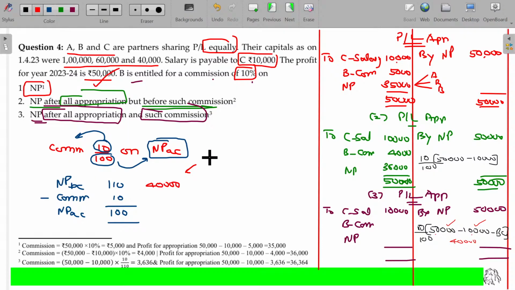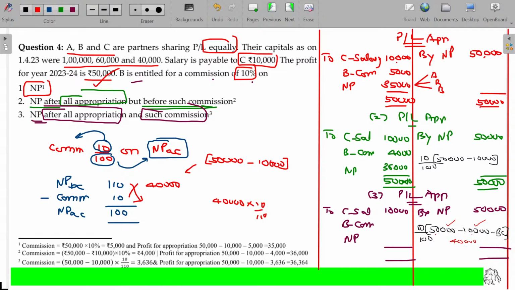How? 50 being the net profit. Leaving the commission, I have to subtract all the expenses. Here, I have been given only one expense other than the commission, which is salary. From 50, 10,000 is subtracted, then it is 40. And commission can be calculated using cross multiplication. So 110 being 40, what is the 10? 40,000 into 10 by 110.